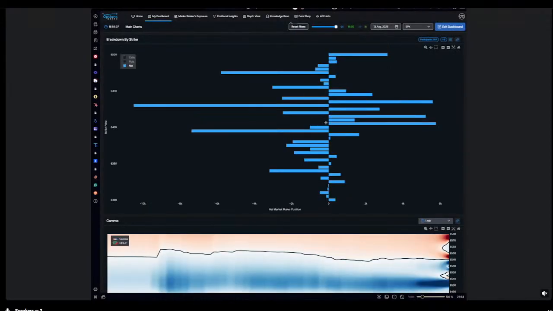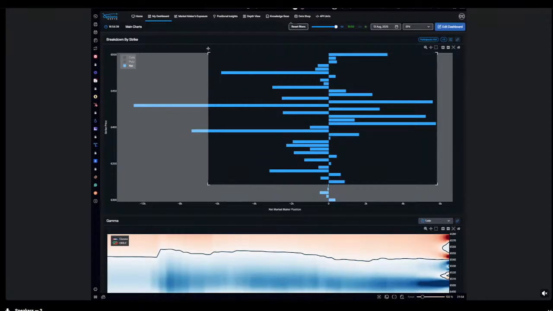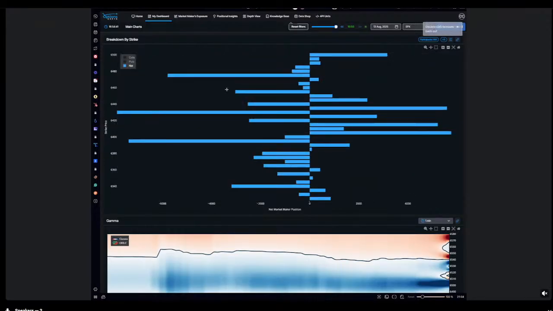Also they don't hold big weight in terms of volume. So where market makers are short calls or puts, that's because they've been sold to customers, and where they're long calls or puts, they're on the other side of that.